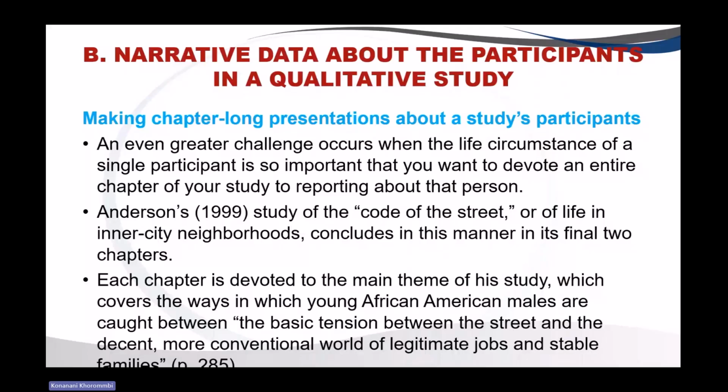So I came to a decision to do just an ethnographic study whereby I'll be bringing about more views from the colleagues that I've been working with.